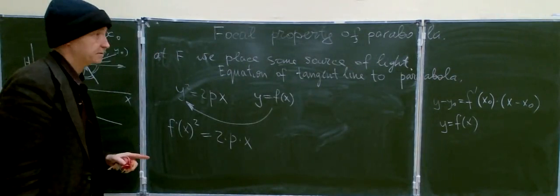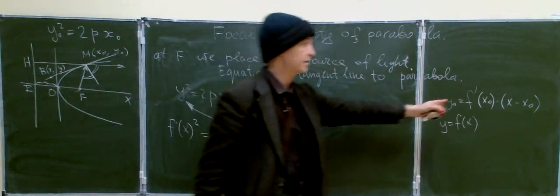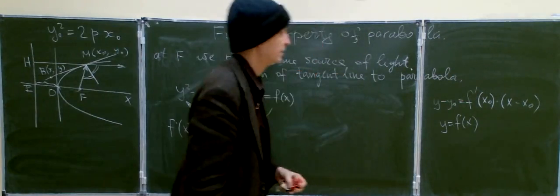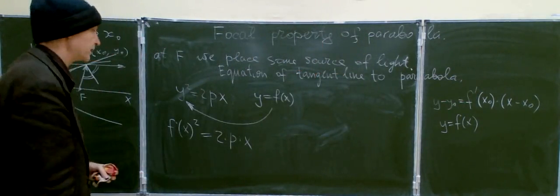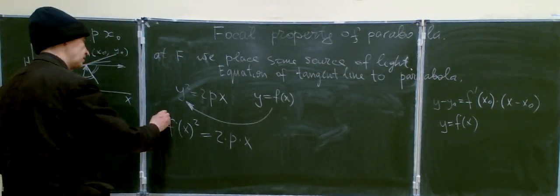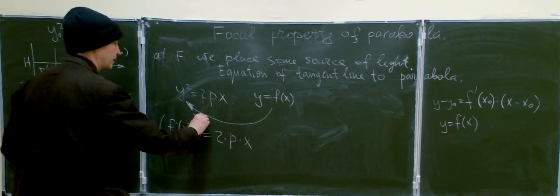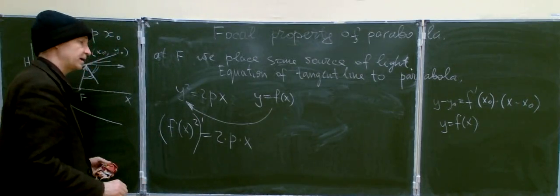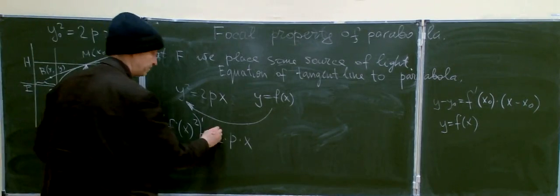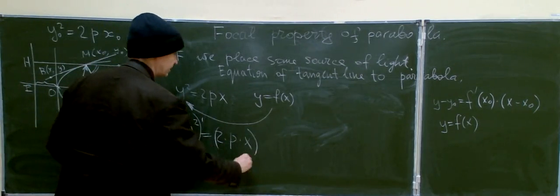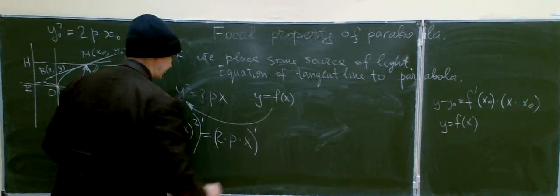We need the derivative, so we need to set the prime sign, which means taking the derivative of the function. So let's surround our expression with brackets and set the derivative sign, the prime. And similarly in the right hand side, we set the prime.